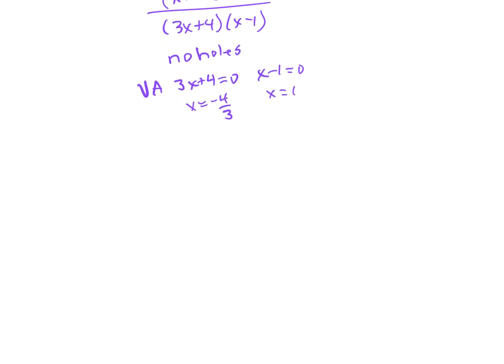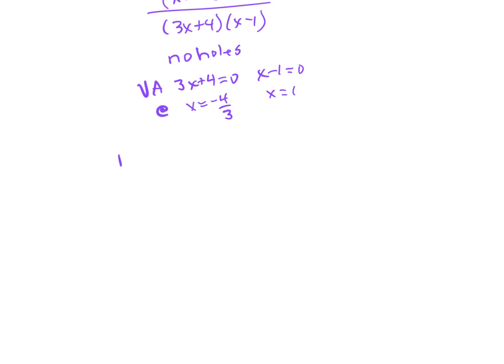So remember, this is when we go back and say, okay, x cannot be negative 4/3, because that's where it's causing problems. So at x equals negative 4/3 and at x equals 1, we've got vertical asymptotes. We know that now.